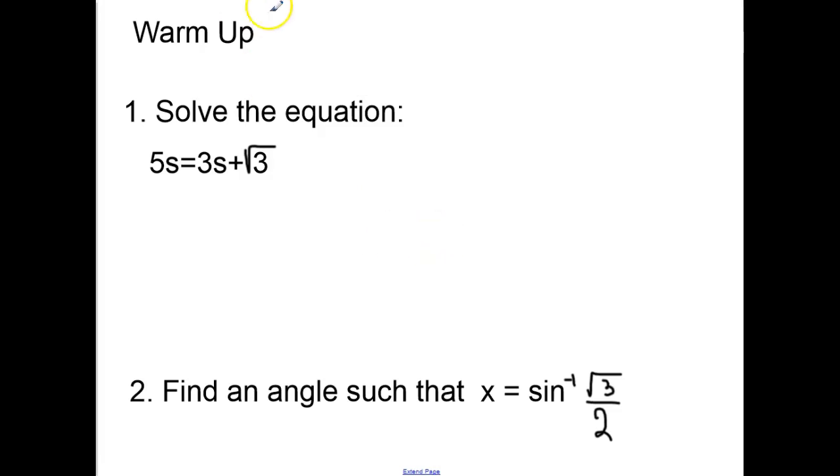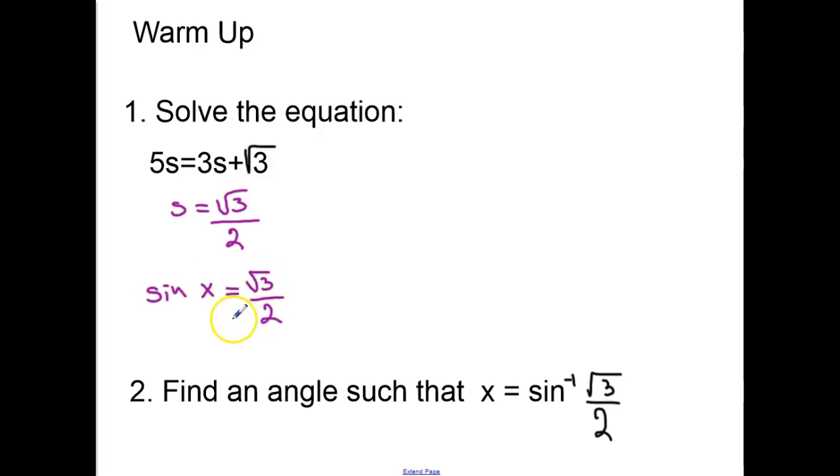You should have gotten solutions. For number 1, you should have been able to find that s is equal to square root of 3 over 2. Well, what if I told you that s really represents or stands for the sine of x? Now we have that the sine of x is equal to square root of 3 over 2.